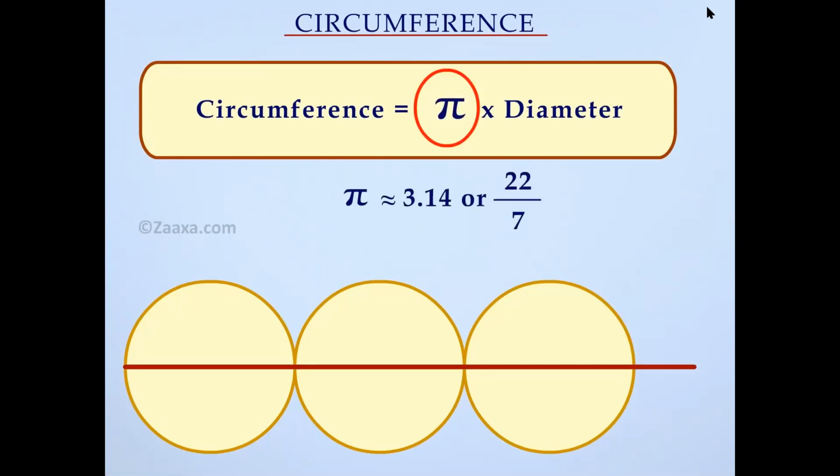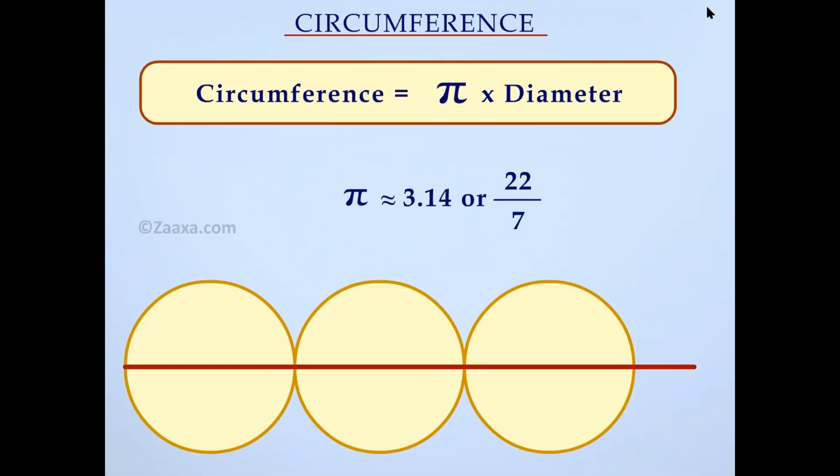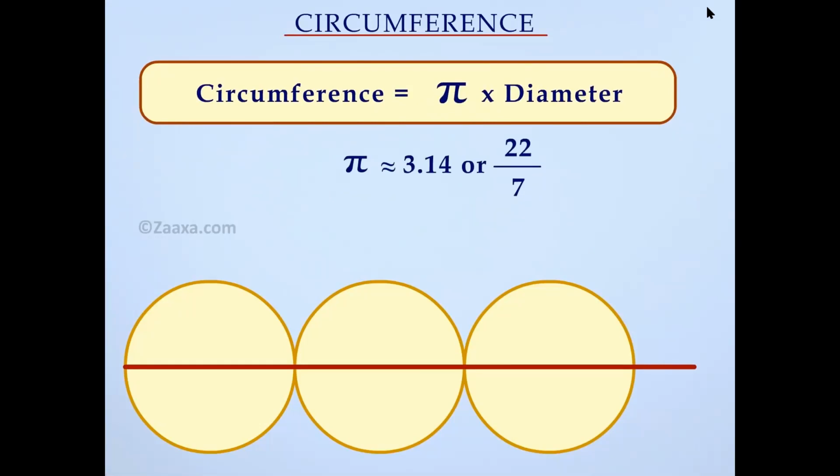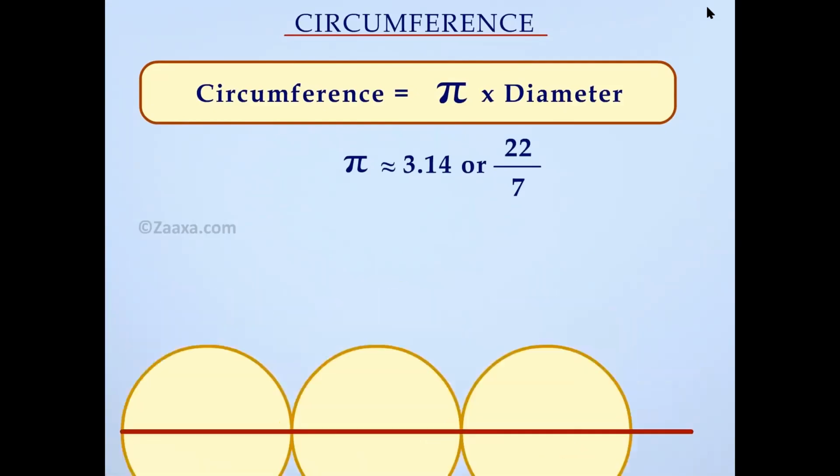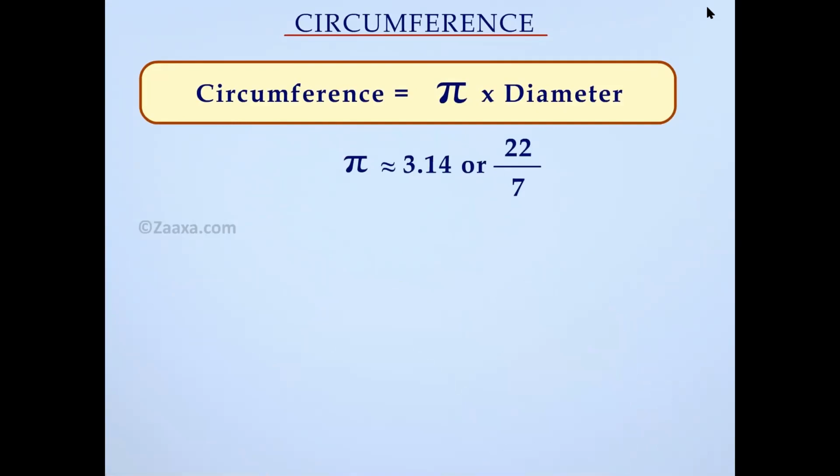The value of pi is taken as 3.14 or 22/7. So if we know the diameter of a circle, we can easily find the circumference of that circle by multiplying it by 3.14 or 22/7. So remember, the formula to find the circumference of a circle is pi times diameter.